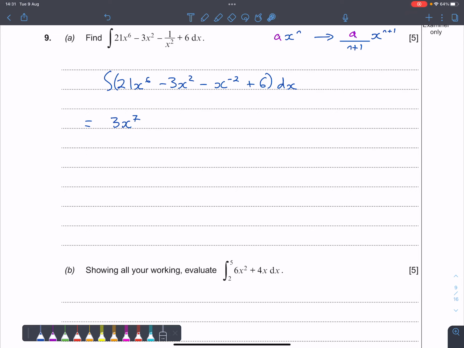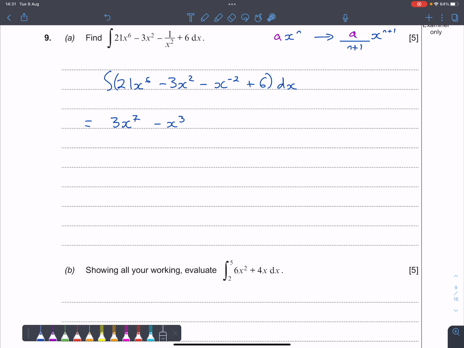Okay, the next term is minus 3x squared. So I'm going to get negative 3 multiplied by x squared, which will integrate to x cubed over 3, or a third x cubed. The 3s will cancel out on the top and the bottom, so I'm left with negative 1x cubed, or minus x cubed.